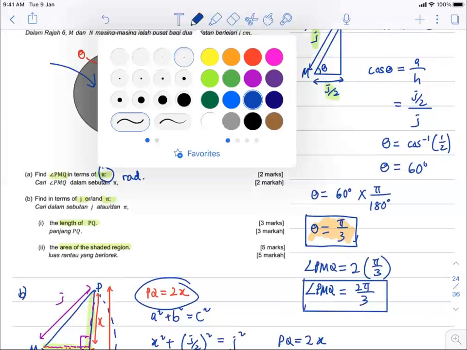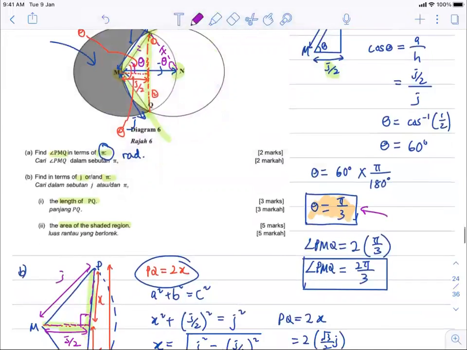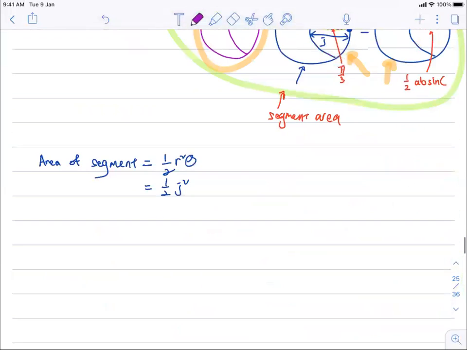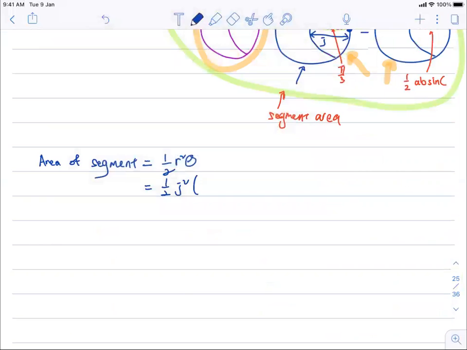This is theta. This is also theta. Both sides are symmetrical. That's why we can use the angle over here, pi over 3.